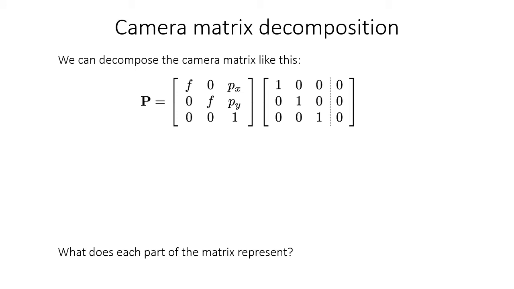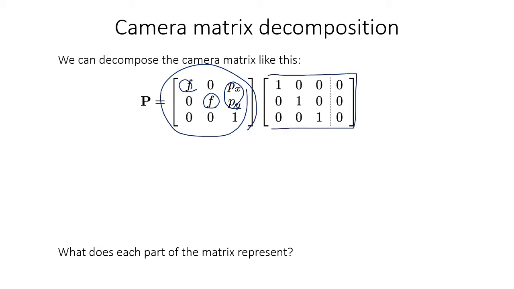We can decompose the camera matrix like this. This consists of the focal length and this distance from the camera origin to the image origin, and we have another identity and zero matrix.